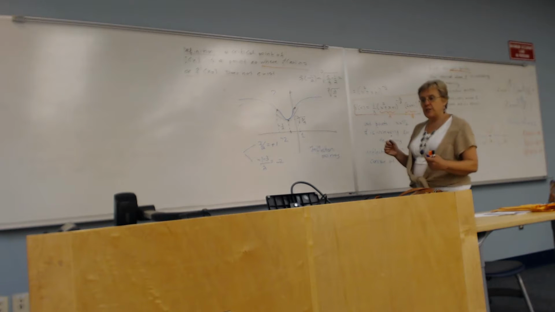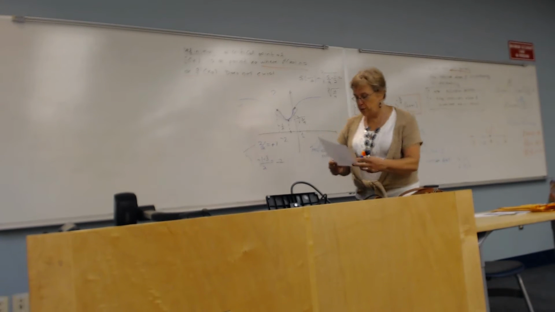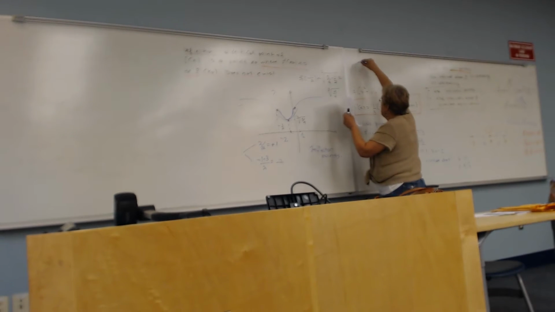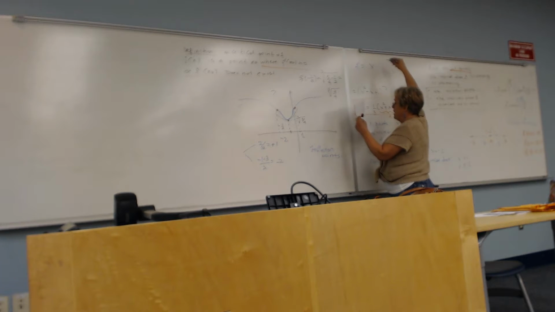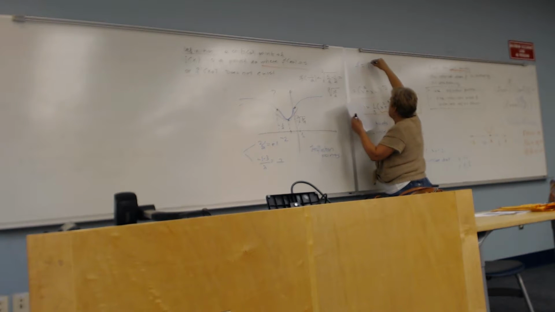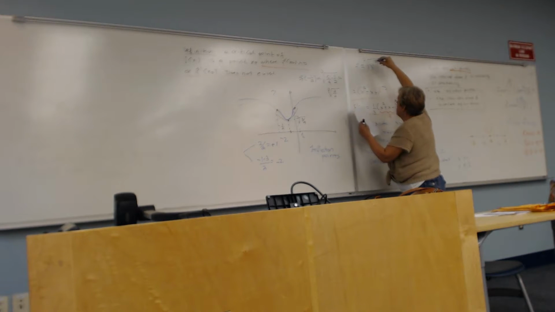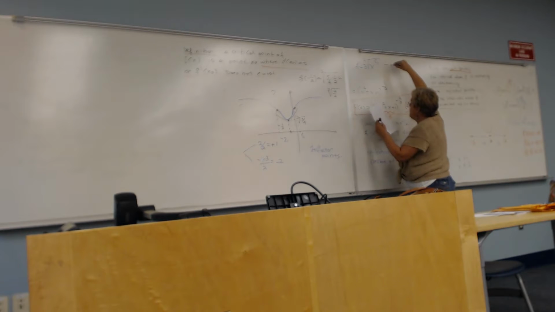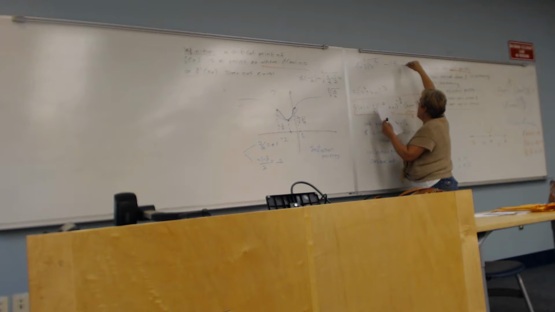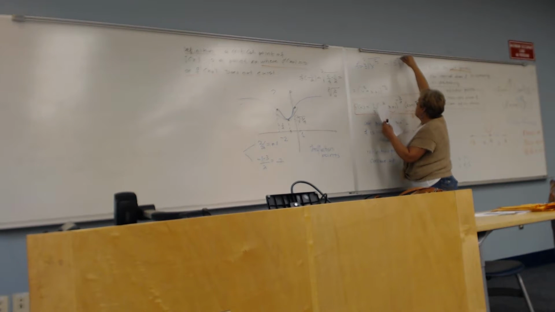So this function is going to be f equals the cube root of x to the power 5, minus 15 times the cube root of x squared.